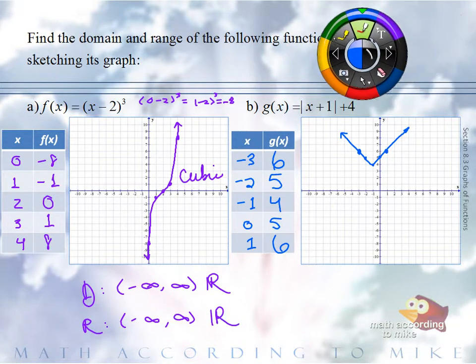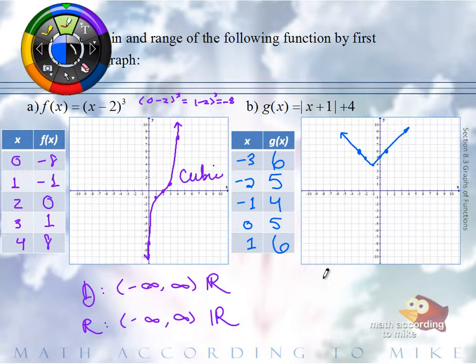So for the second one, how far left to how far right does the graph go? All the way. Range, how far down to how far up? Down. So when I tell you to go to the cellar, do you go upstairs?